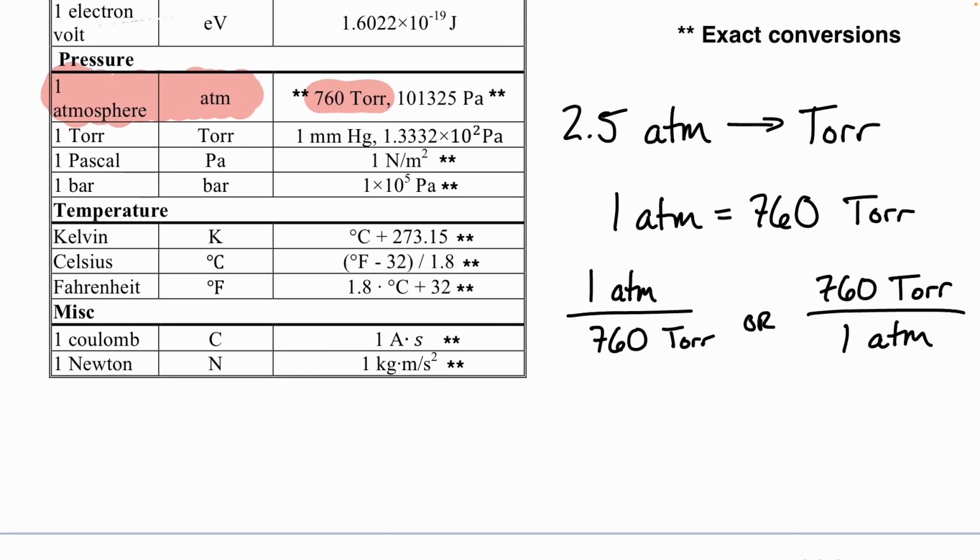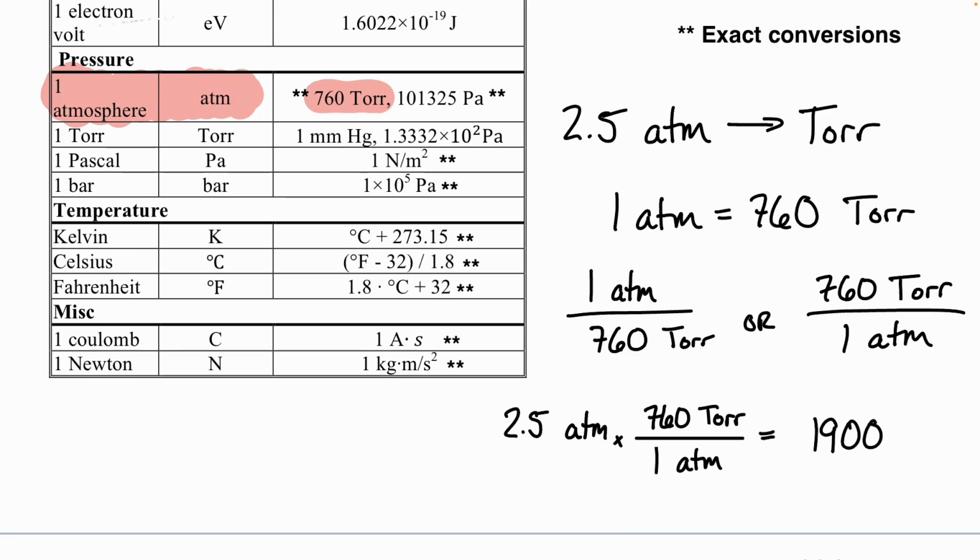Okay, so then starting my conversion, I'm going to use my 2.5 ATM. I'm going to multiply by my conversion factor that allows ATMs to be canceled out. I punch that into my calculator. I get 1900.